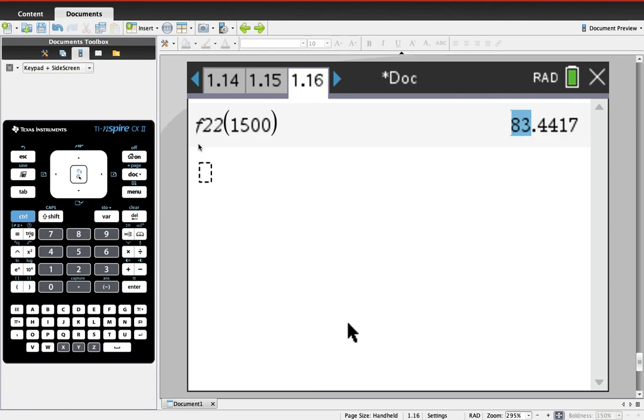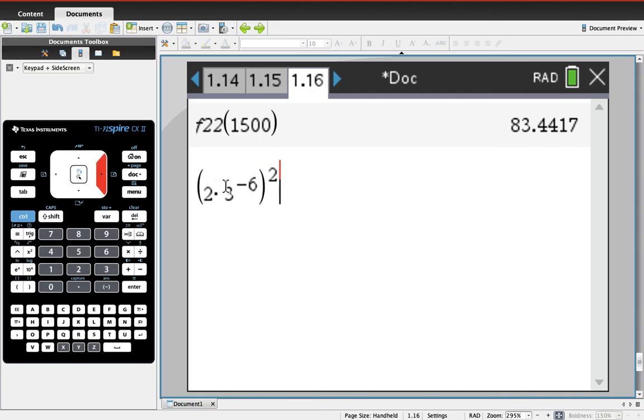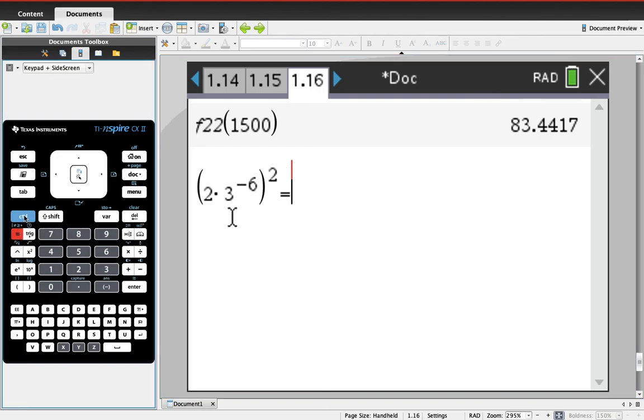So now I'll go over to my calculator on a calculator screen, and I'll say 2 times 3 to the power of negative 6, and all of that will be to the power of 2. And I'm going to say, hey, calculator, is that the same as this fraction? 2 to the power of 2, all divided by 3 to the power of 12.